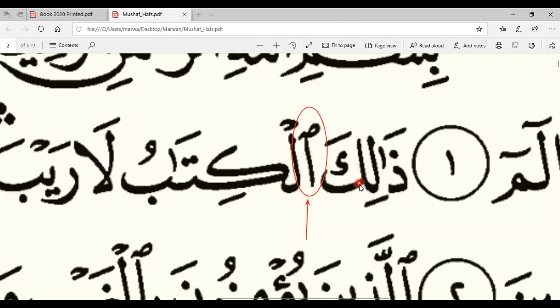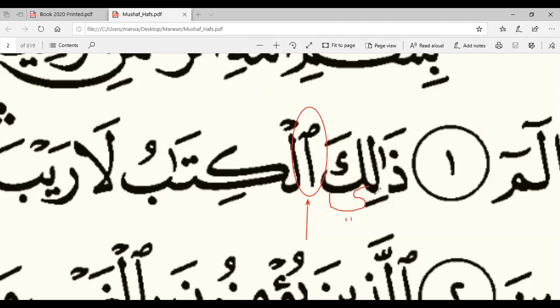Another thing, if the letter before it is an extension letter, you ignore the extension letter. So if this was by any chance, instead of the ka, there was a ya here, extending the li, right?